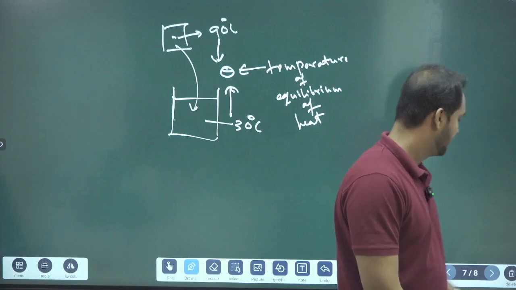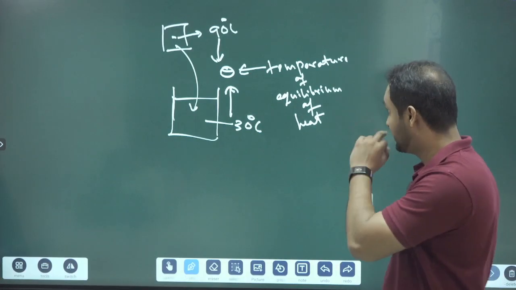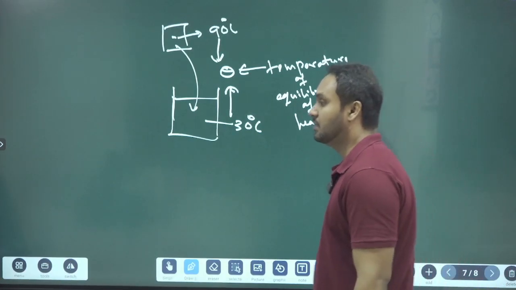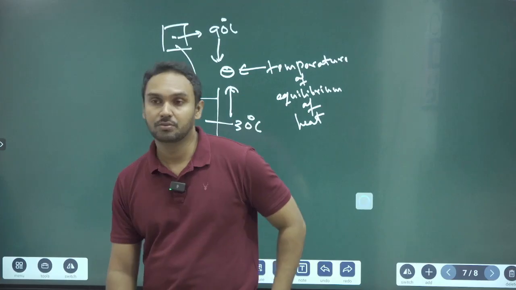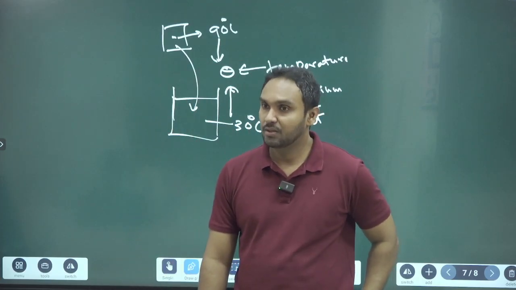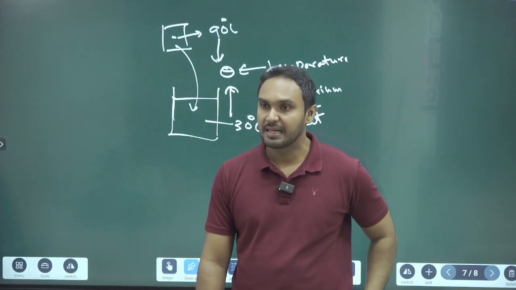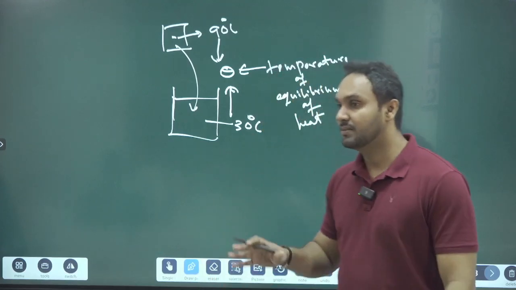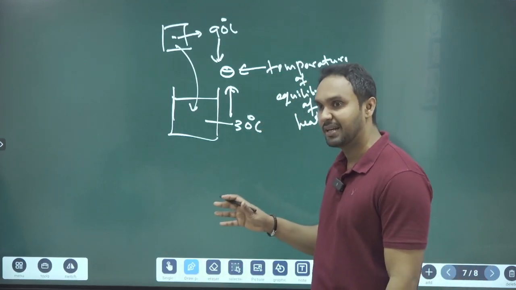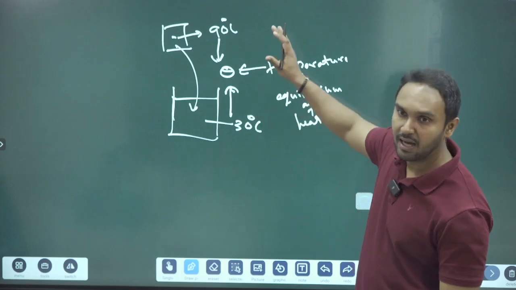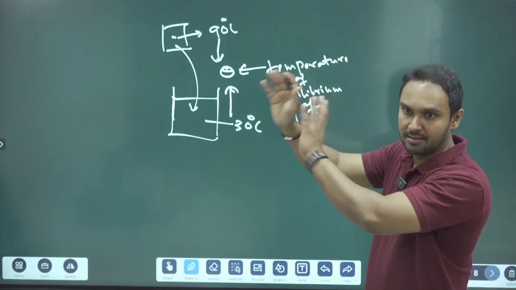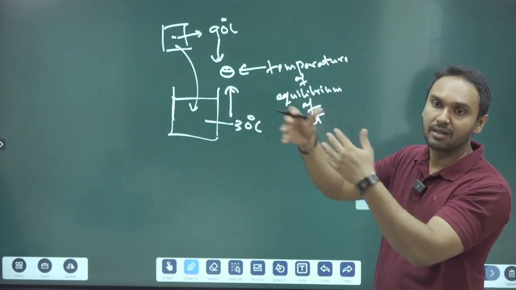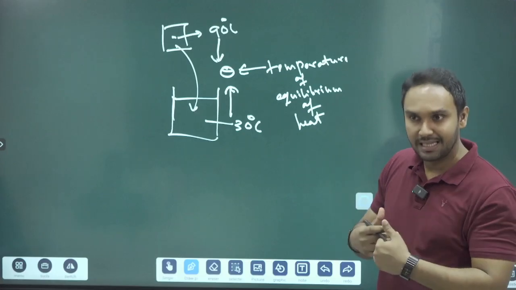You are mixing two objects with two different temperatures. When you mix them, what happens? The one with the high temperature passes the heat. The one with the low temperature absorbs the heat.